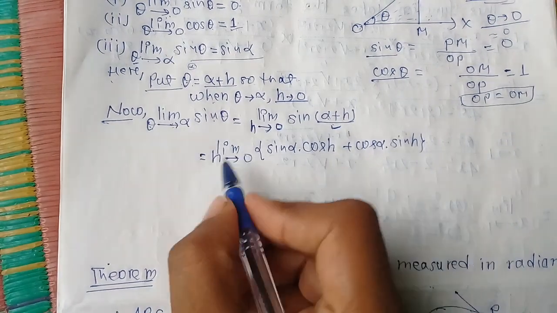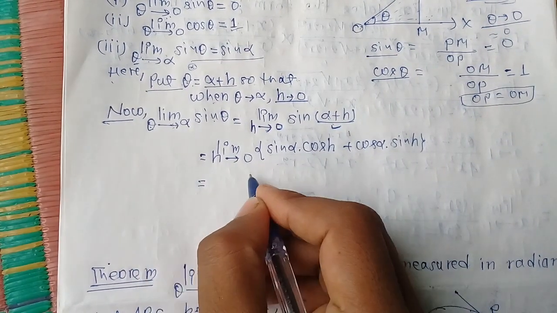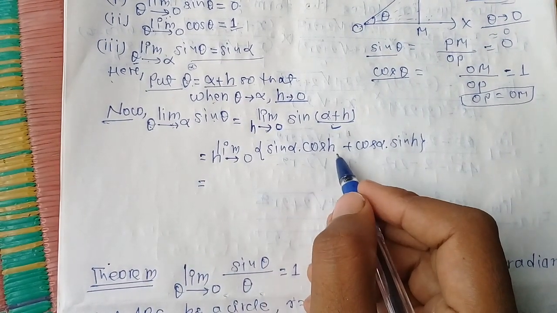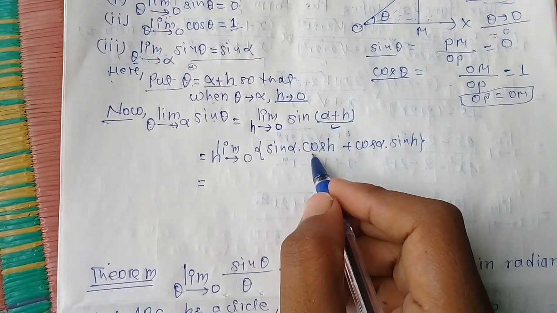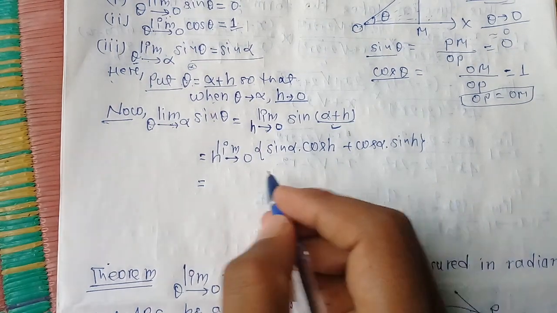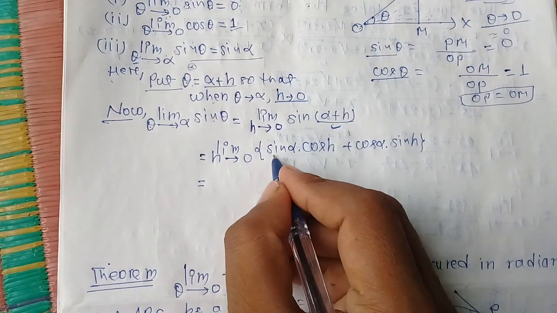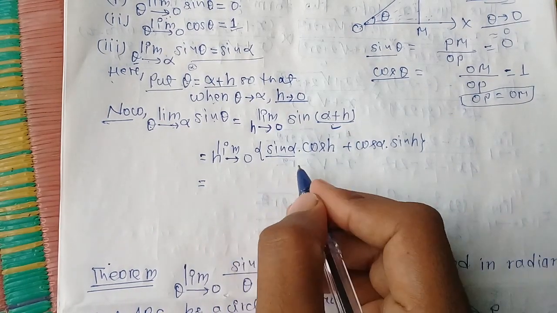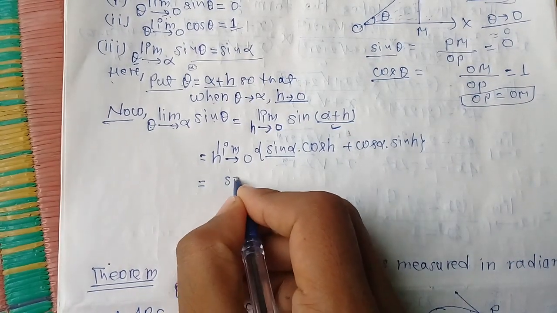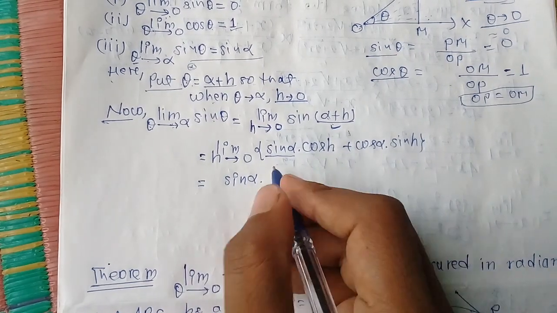We know that this is the sum of the function. So in this situation sin alpha will be constant. So sin alpha लाई के गर्ने? बाहिर निकाल्ने.